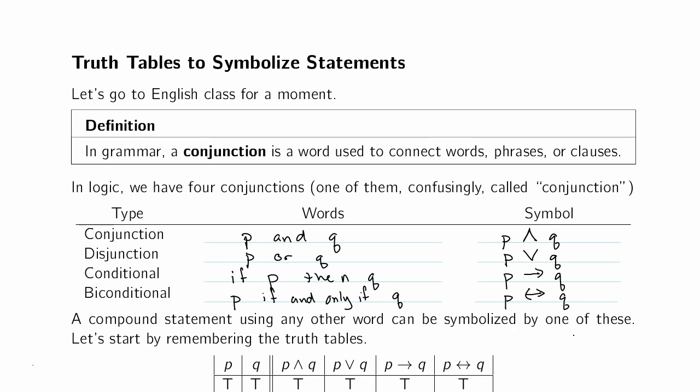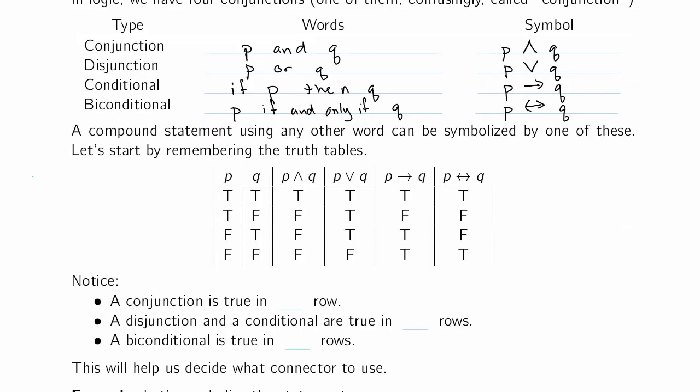Let's take a look at the truth tables again. Conjunction is true when both of the simple statements are true. It's true in one row. Disjunction is true when at least one of the simple statements is true.